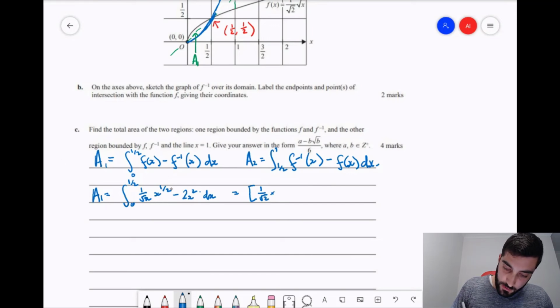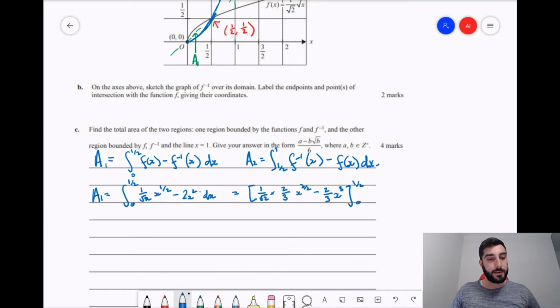So we just need to increase that power by 1. So half goes to 3 on 2, and divide by that new power, so 2 on 3 like that, minus x squared becomes x cubed. And again, we're dividing by the new power, so we'll have 2 on 3 as the fraction there, and then just evaluate that between half and 0, which is a little bit tedious. Just be careful when you're dealing with the fractions and some of the surds that you'll have.